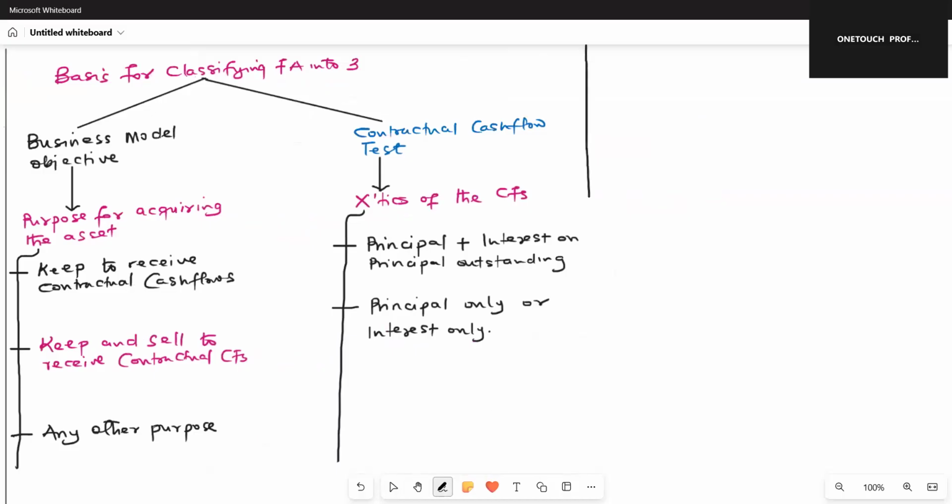Yes. This one is the basis. Financial assets are classified into three based on the business model objective and the contractual cash flow test. So they can ask you of the basis for classifying financial assets.